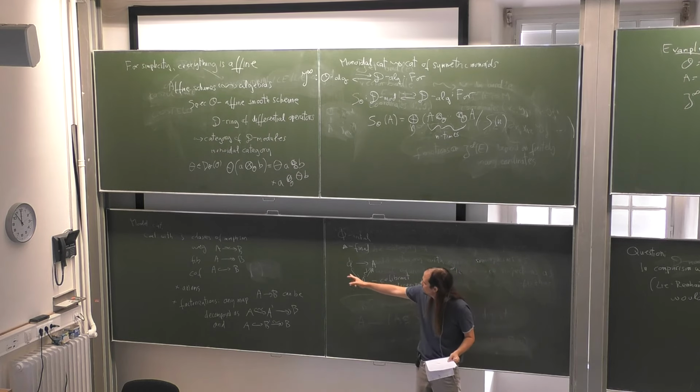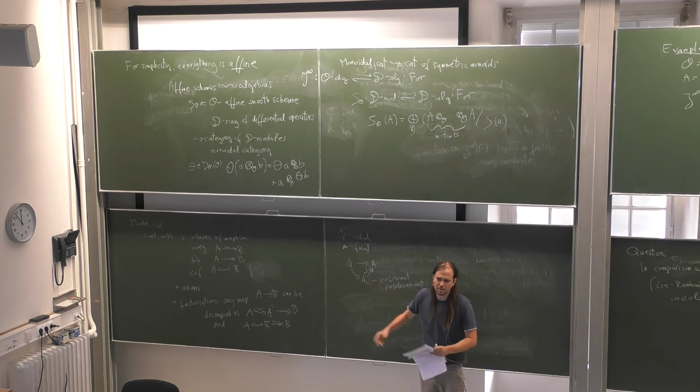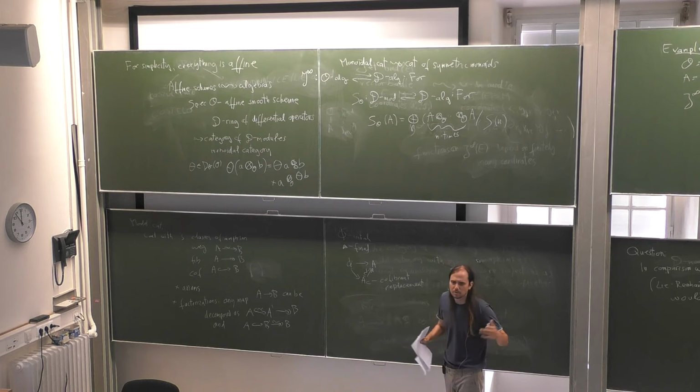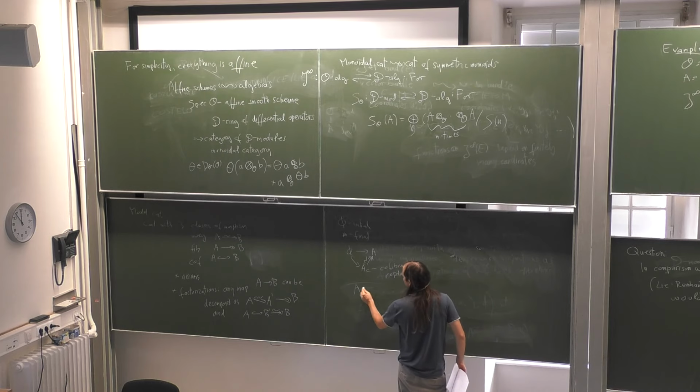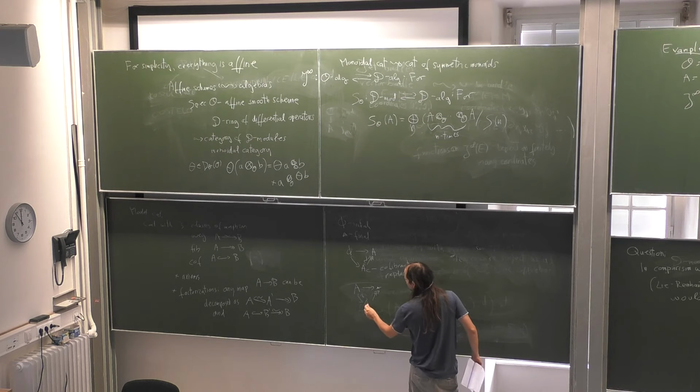An object is called cofibrant when the map from the initial object to it is a cofibration. And in the same way you get a fibrant replacement.